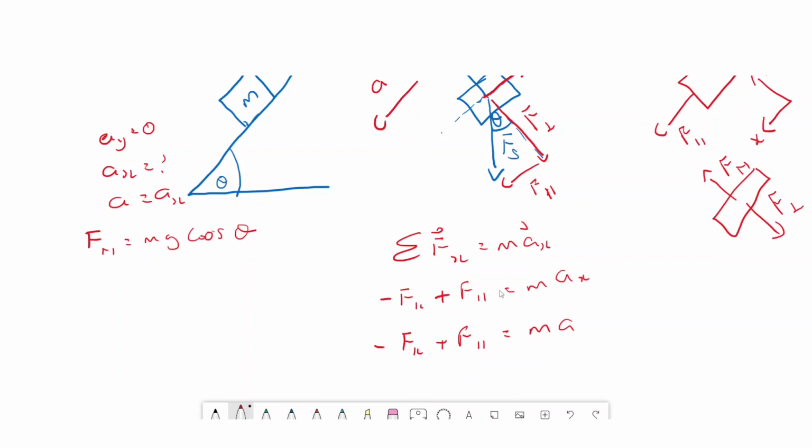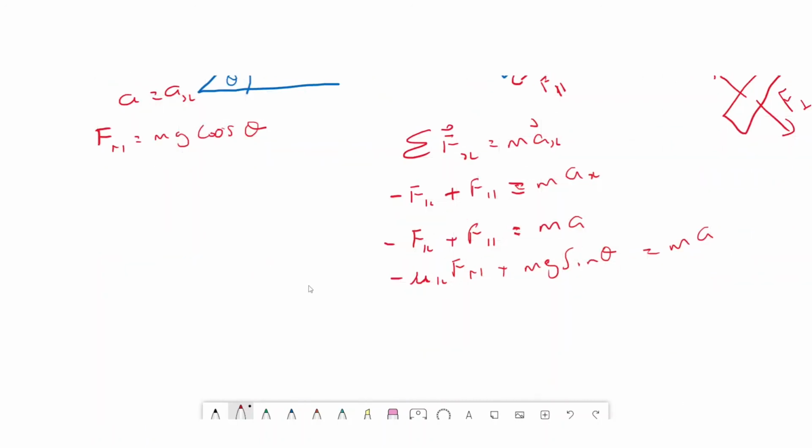Now, when you have it like this, you can just substitute: this is going to be mu k Fn, plus this is going to be mg sine of theta. This is ma. And then from here, where you see Fn, you're going to put that.